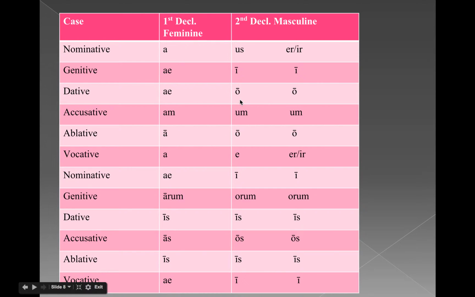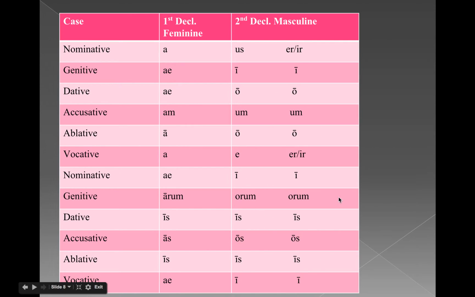All right. Notice that the dative and ablative are the same in masculine, so that'll hopefully help you remember those. And then as you get down to the bottom, genitive plural, arum changes to orum. Dative is the same, and now instead of as, you have os. And then is again is the same. And then notice that that nominative and vocative plural are the same.